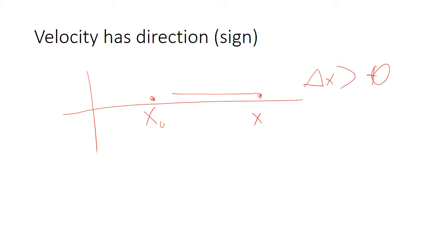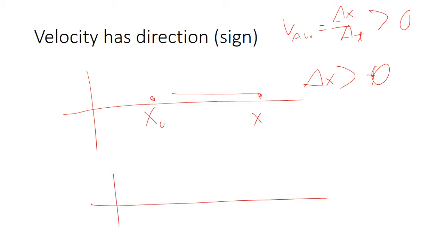Since the average velocity is delta x over delta t, this is also greater than 0. We always go forward in time, we don't go backwards in time, so delta t is always positive. That means positive displacement means positive velocity.